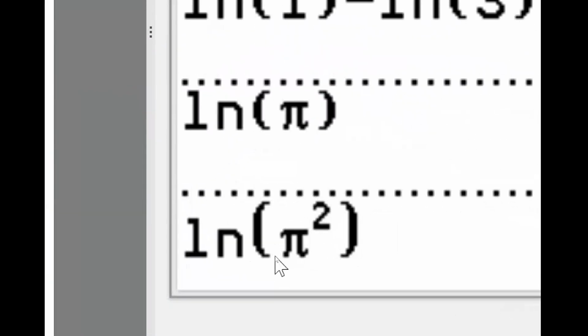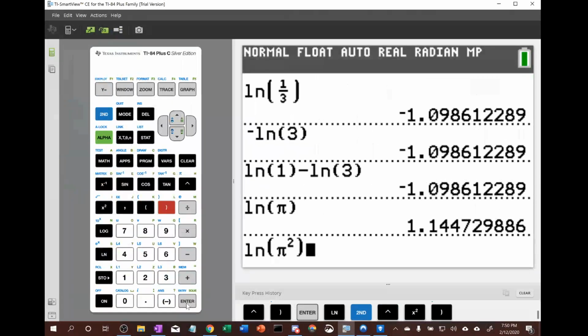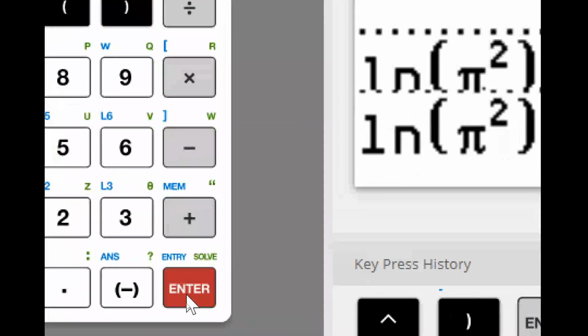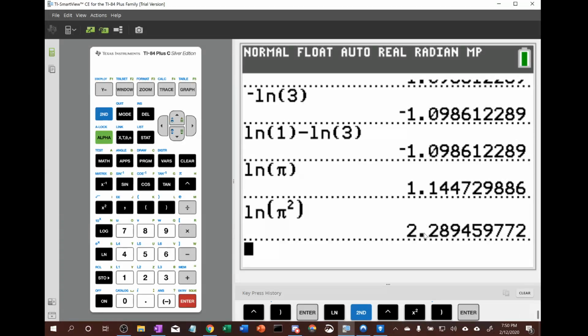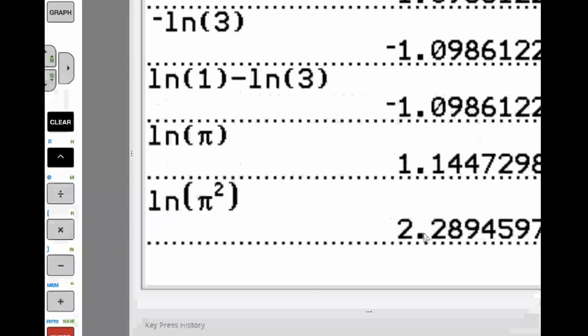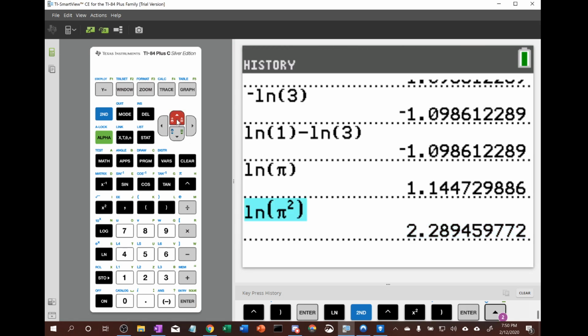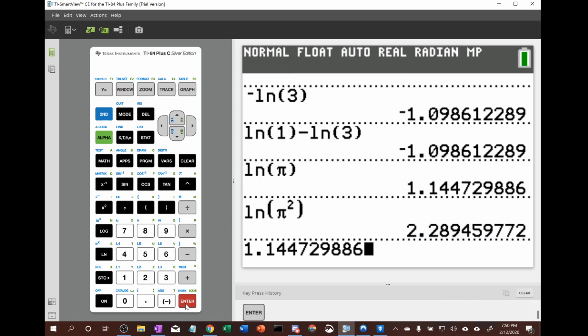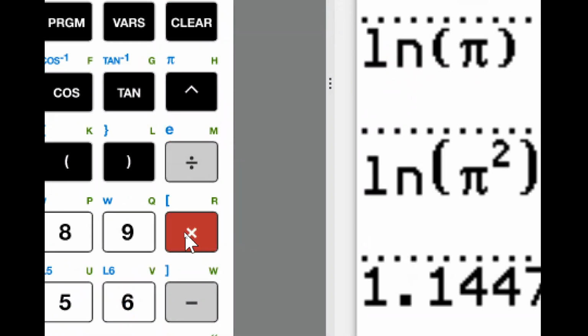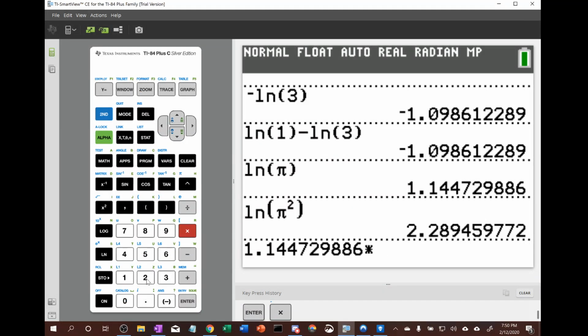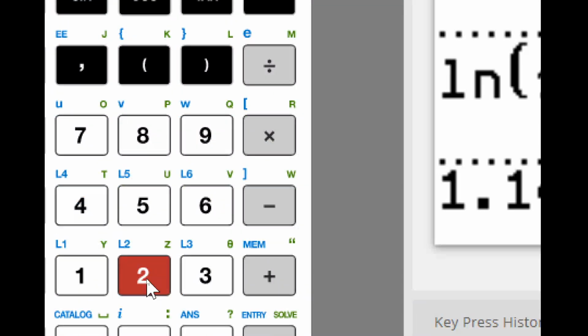So we're going to do the ln of pi squared, ladies and gentlemen, by hitting enter. And we see that the answer is 2.289. Now, that's interesting because it actually looks like that is just 1.144 times 2.